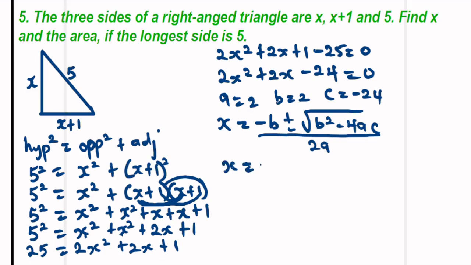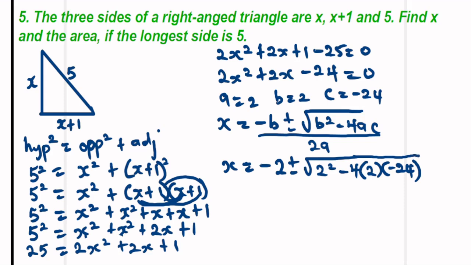x is equal to minus b, which is 2, so minus 2, plus or minus root of 2 squared minus 4 into bracket, a is 2 and c is minus 24, close the bracket, all over 2a. a is 2, so that is 2 times 2.